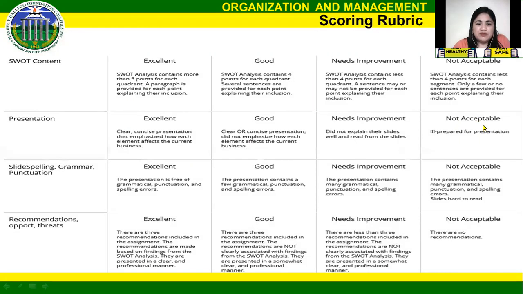Please take time to read it yourself or on your own. But the focus is on the SWOT content. On the presentation, you will just have to write it in your notebook. And grammar po, tingnan po yung grammar at saka yung punctuation use nyo. And the identification of the recommendations, or you could give recommendations, identify opportunities and threats.